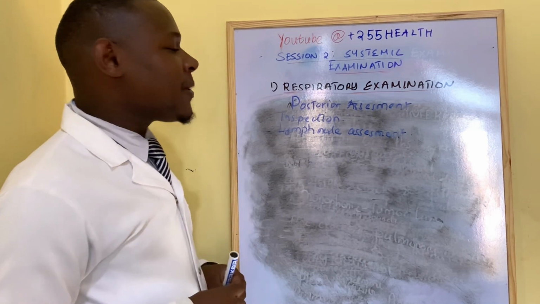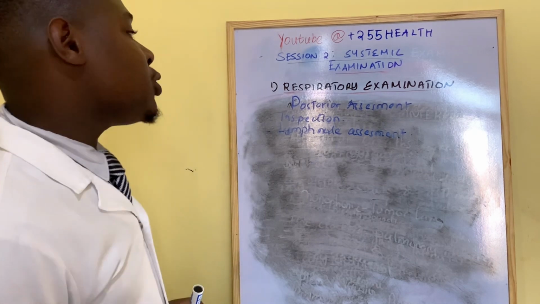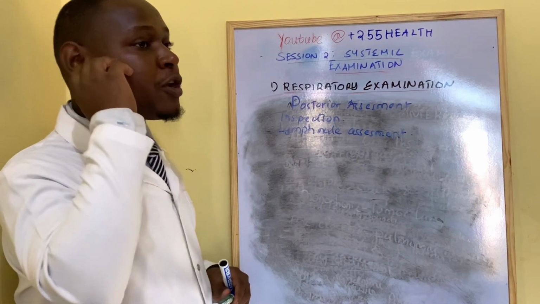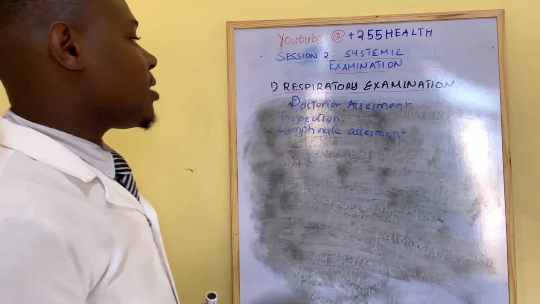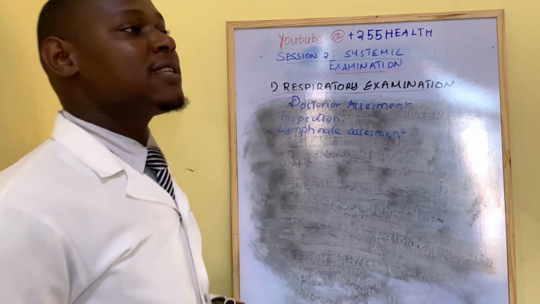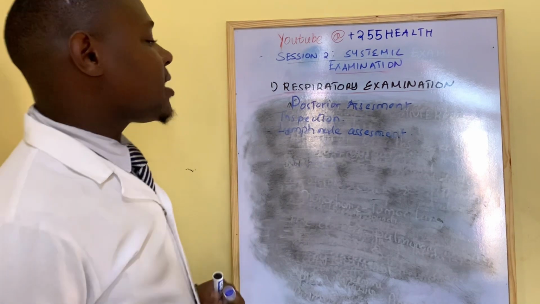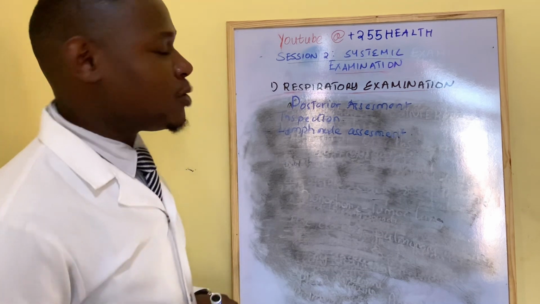For example, someone having an upper respiratory tract infection, you're going to expect the submental, submandibular lymph nodes, and sometimes the preauricular and the postauricular lymph nodes to be enlarged. And in cases of lung metastasis, if the lung tumor has started to metastasize and is ascending, you expect also the axillary lymph nodes to be affected.